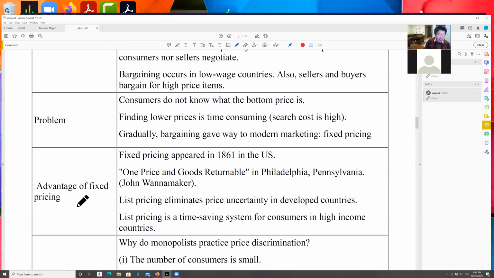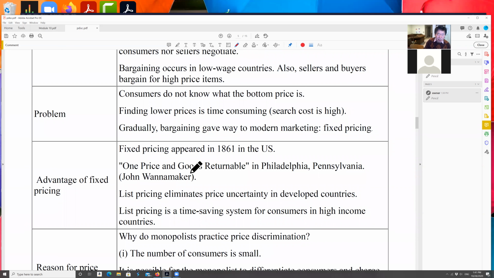But there is also the advantage of fixed pricing. You don't have to waste time with consumers arguing about it. So that's what happens in department stores. You simply put a price tag and that's it. No argument.